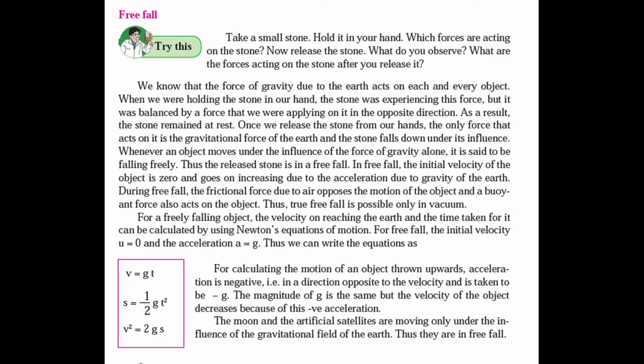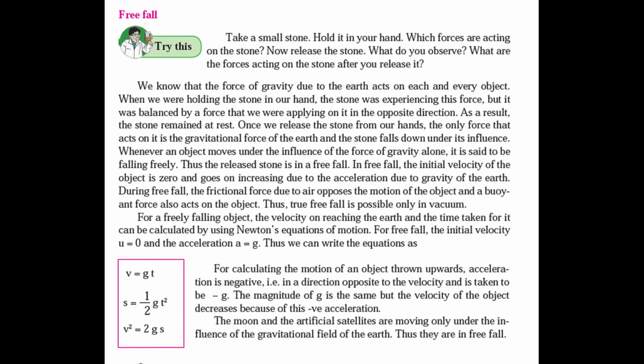Now, once we release, the force from the hand is gone, and there is an unopposed gravitational force which pulls the stone down and the stone falls. Whenever an object moves under the influence of gravity alone, it is said to be falling freely. It's a free fall.